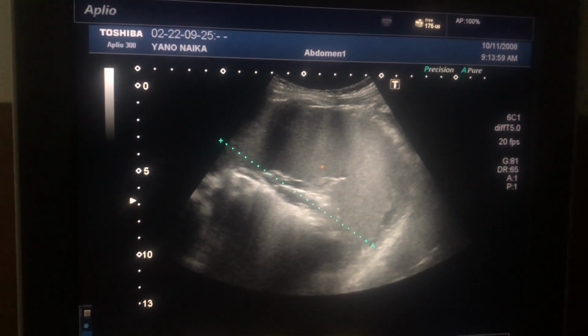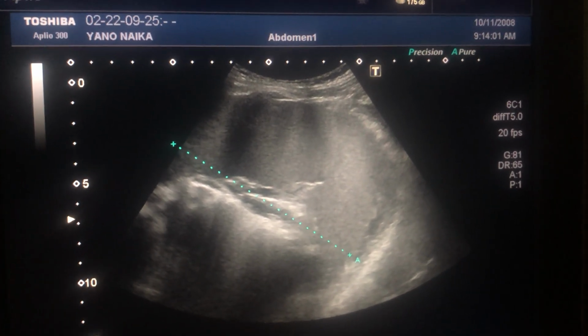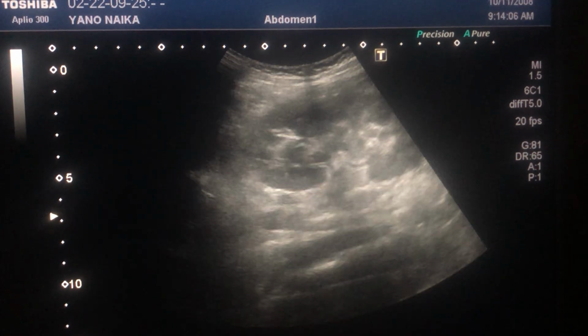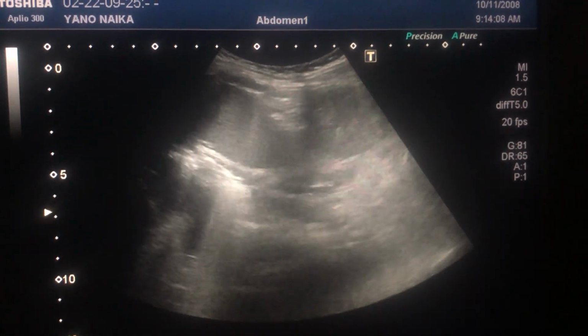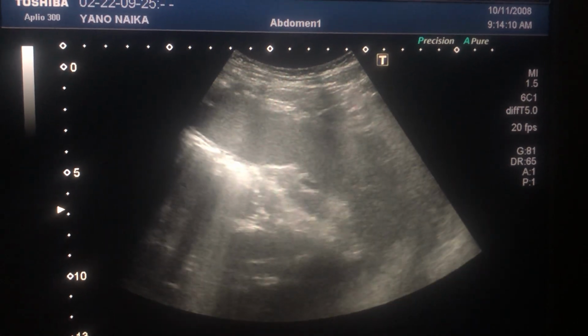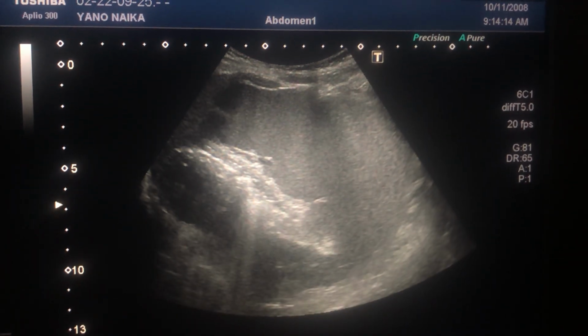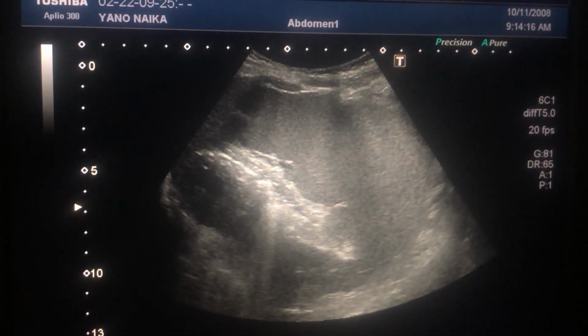Approximately the spleen measures 12 centimeters. This is the splenic hilum. This entire organ is the spleen.